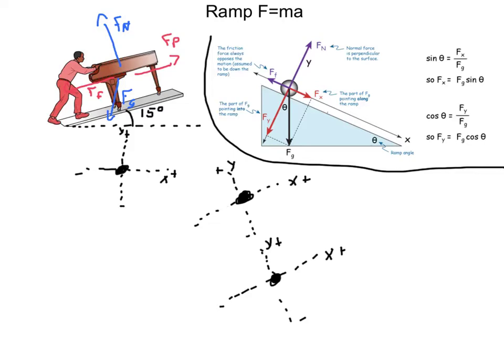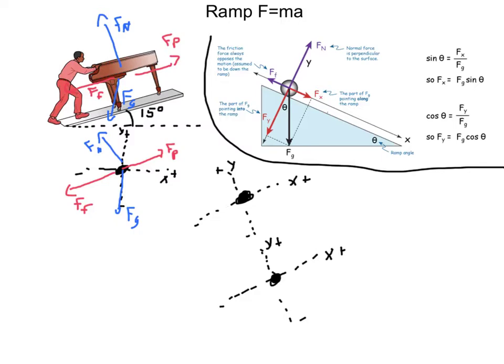Whenever we translate that onto an XY axis, I'm going to have force of push up like this, Fp. I'm going to have force of friction back like this, Ff. I'm going to have normal force up like this, Fn, and then I only have one vector on the XY axis, force of gravity. Now, because we know that ramp is 15 degrees, we could figure out this angle and other angles along those lines.